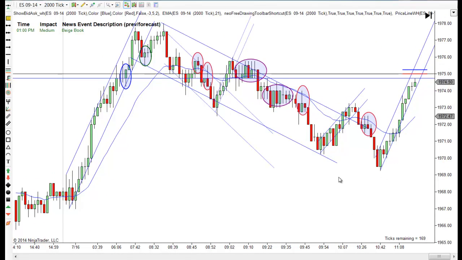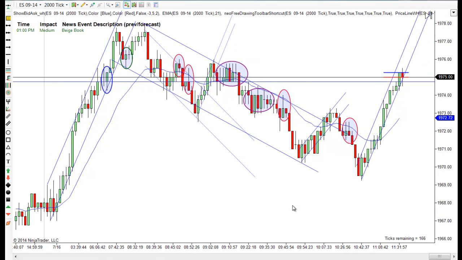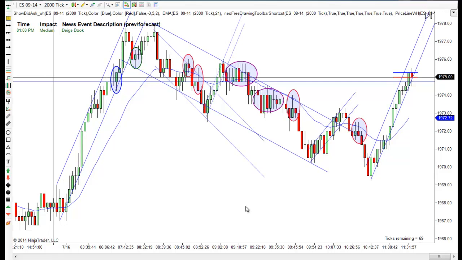Another trader reminded me that I wasn't talking about it much lately, and I didn't realize that I wasn't, so I'm trying to point that out because they are important positions, and prices tend to migrate towards them, reverse at them, and so forth. If they were acting as resistance, they tend to act as support when prices come back to them, and if they were acting as support, prices tend to act as resistance when they come back to them. So just keep that in mind.